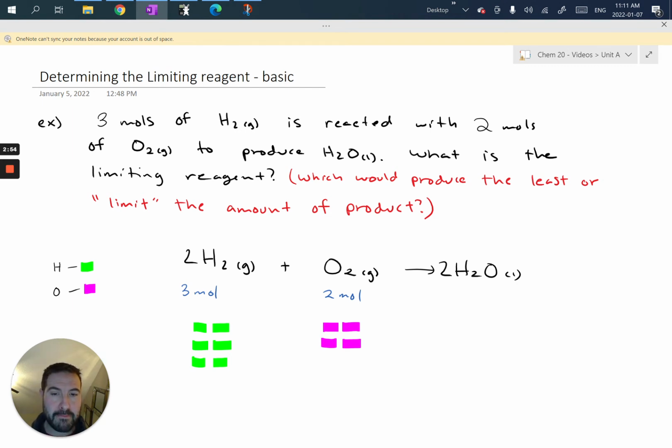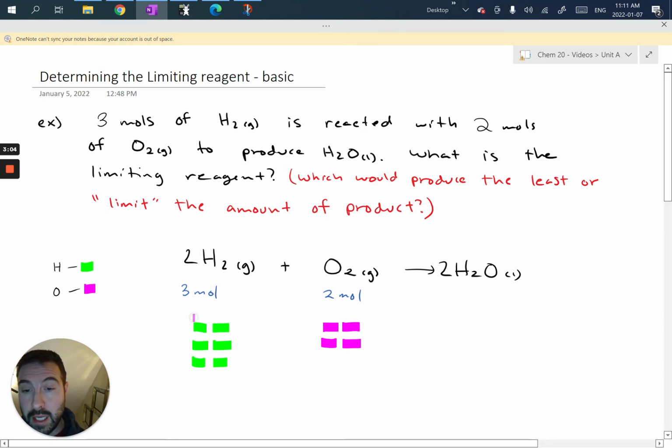Now, how much water can I produce from this? To make a water, I need 2 hydrogens and 1 oxygen. So I'm going to take 2 hydrogens and 1 oxygen, and I'm going to make a water. Great. Let's do that again.